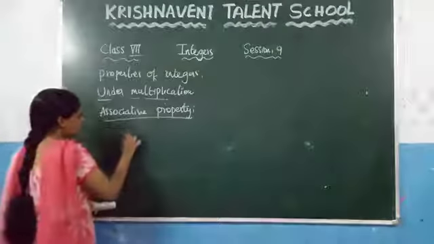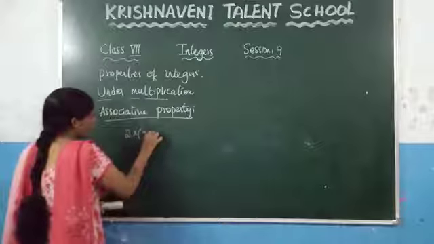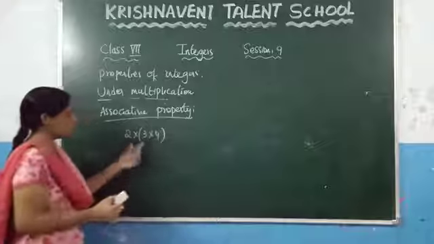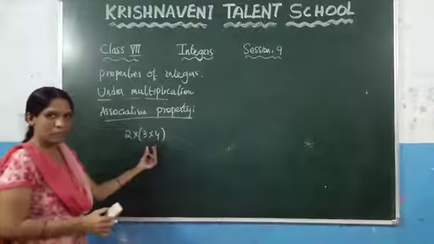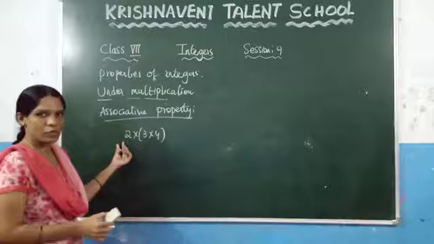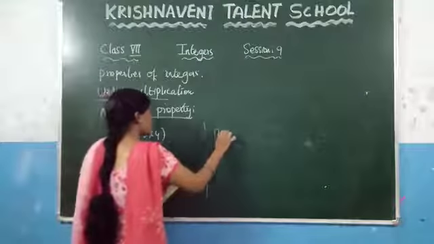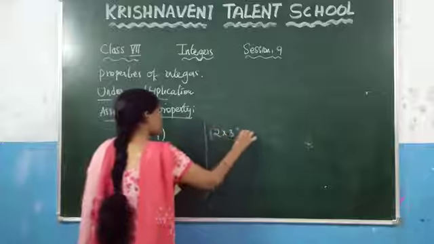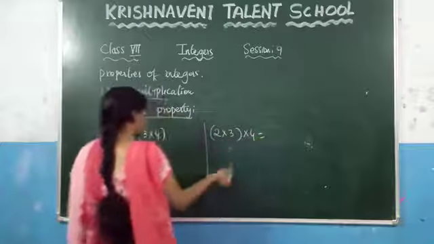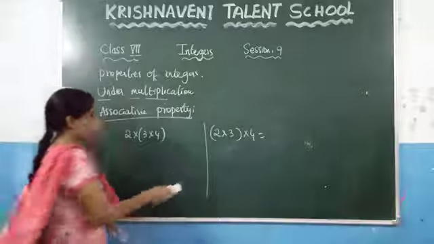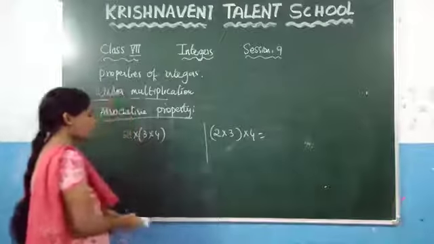So what it states here: 2 into 3 into 4. First multiply the second number with the third number, and multiply that result with the first number. Then, multiply the first and the second number, and multiply that result by the third number. You need to check whether you get the same answer or not.